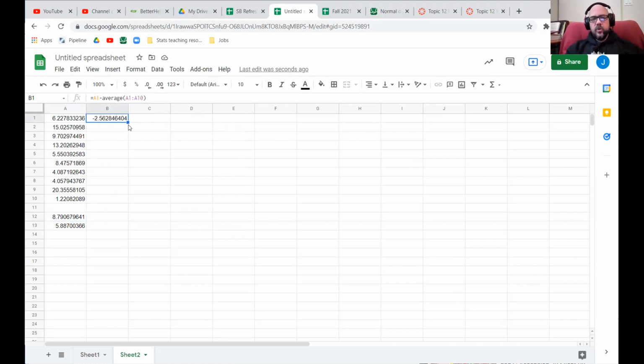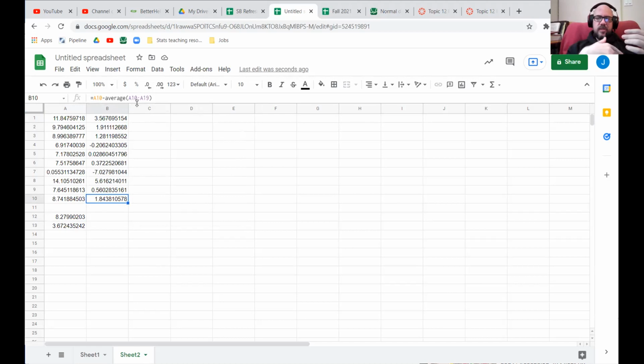Now, let me show you something. If I fill this down, it'll fill in all the numbers, but then it'll take the average of the wrong things, right? It takes all these numbers and it increases them since I went down here. I still want it to be A1 through A10, not A10 through A19.